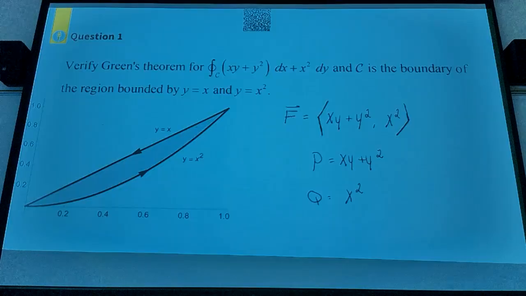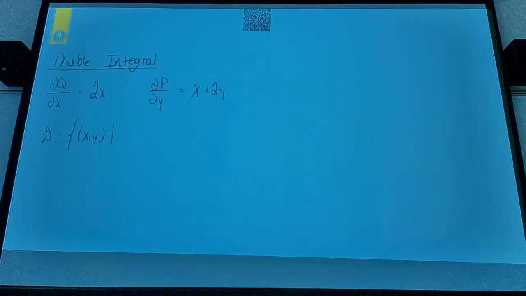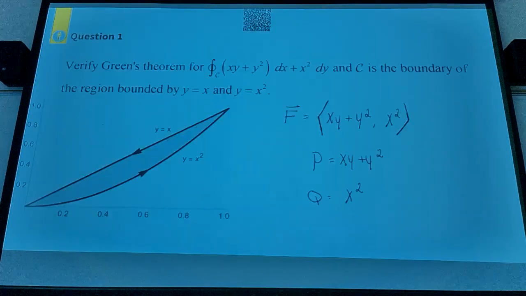Remember you had two options, vertically simple or horizontally simple. Vertically simple would probably be the best. x is going to go from 0 to 1. Then what is y going to go from? x squared to x.